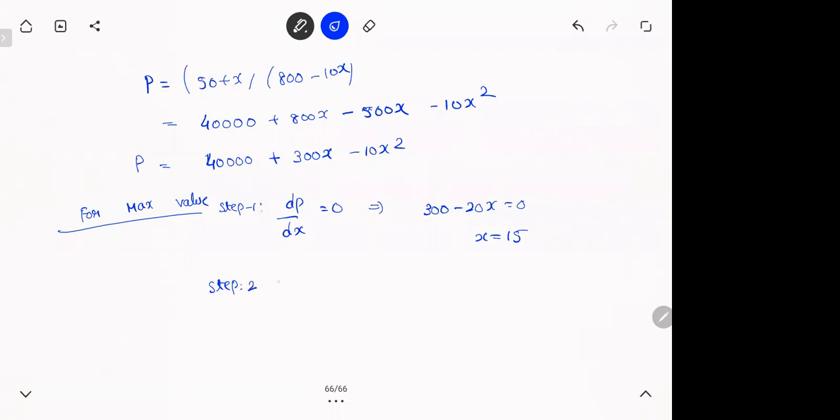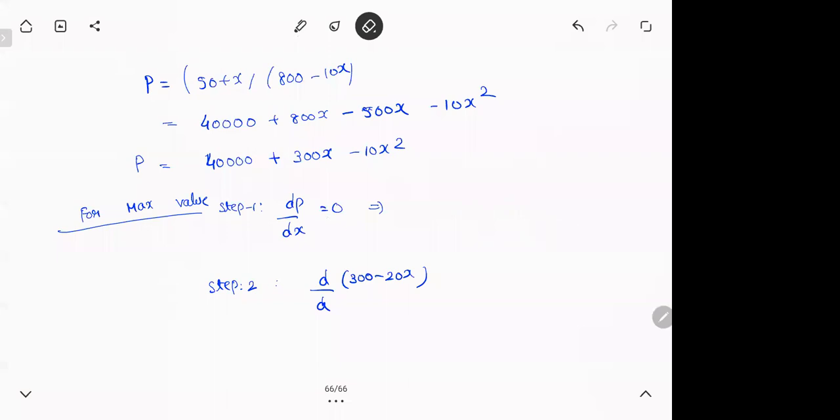Step 2, you have to differentiate the function again, which is 300 minus 20x. I'll write it more clear for you guys. So dP by dx will be 300 minus 20x. This you're putting 0. And you got x is 15.